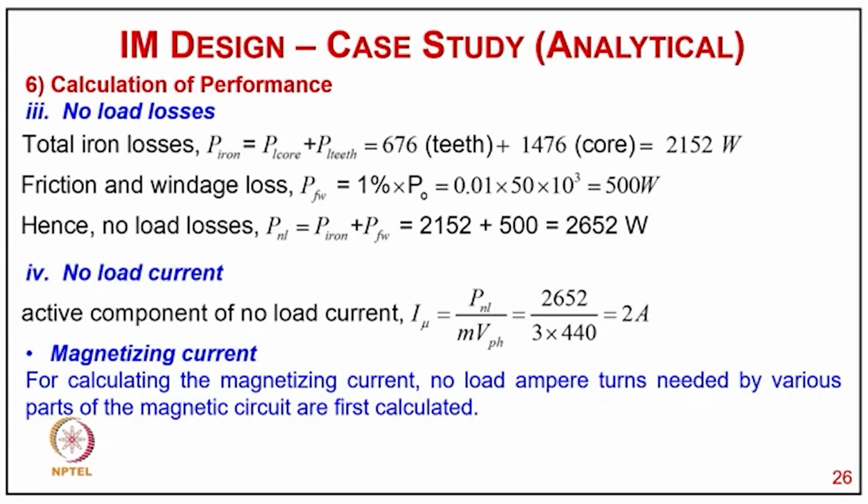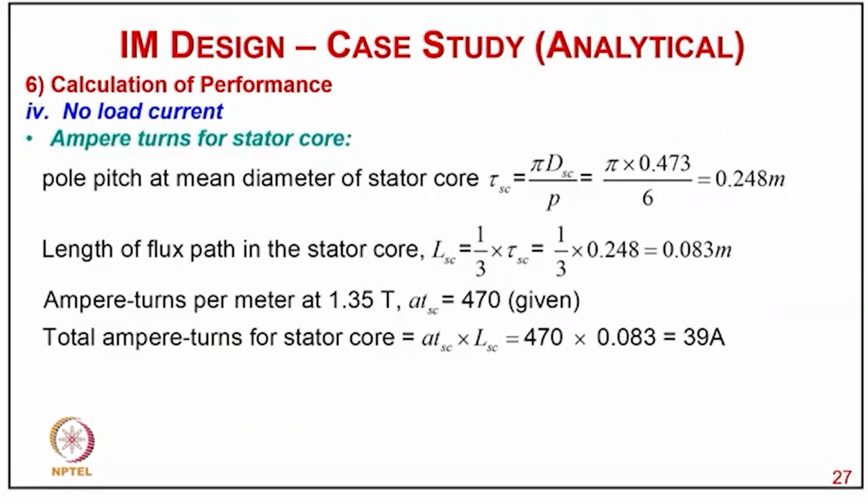And now we have to calculate the magnetizing current to get the total. For calculating the magnetizing current, the no-load ampere turns needed by the various parts of the magnetic circuit are first calculated. Considering the ampere turns for the stator core, the pole pitch at the mean diameter of the stator core is tau SC equal to pi DSC upon P. Keeping the values, it comes to 0.248 meter, and the length of the flux path in the stator core, that is LSC, is 1/3 of tau SC, so it comes to 0.083 meter.